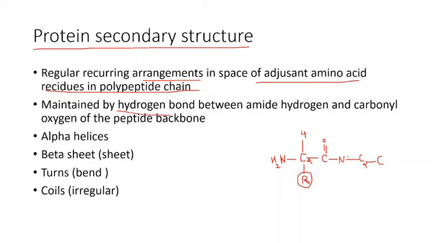The polypeptide chains are attached by peptide bonds, you all know that. But the advanced structure, the secondary structure, is maintained by hydrogen bonds between amide hydrogen and carbonyl oxygen. So this is carbonyl oxygen and this is amide hydrogen.